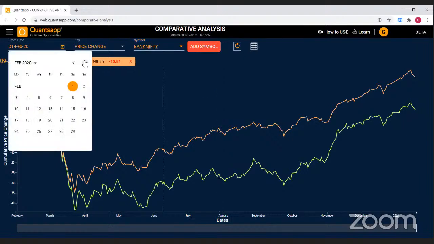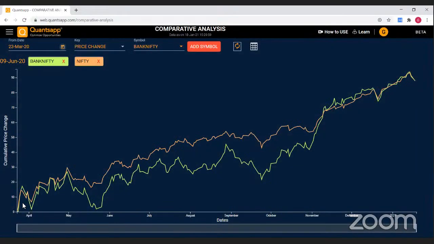Now let's go to March 23. So this is a point where we have seen the dip. From March 23, I want to know, so I can say that Bank Nifty has performed almost par to par with Nifty. But if I say till October 30, you can say Bank Nifty has underperformed as compared to Nifty.